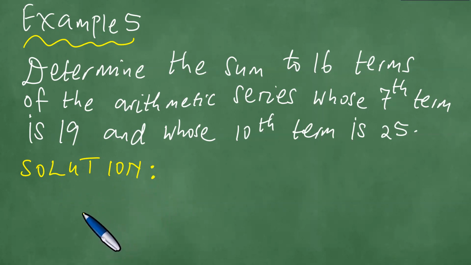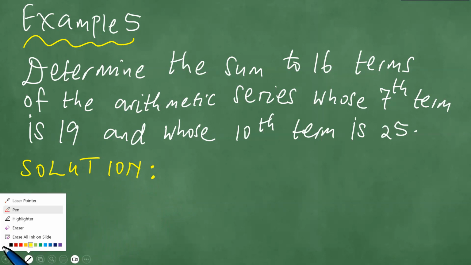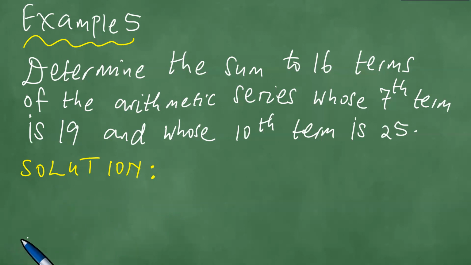So determine the sum to 16 terms of the arithmetic series whose 7th term is 19 and whose 10th term is 25. What is the answer to this?